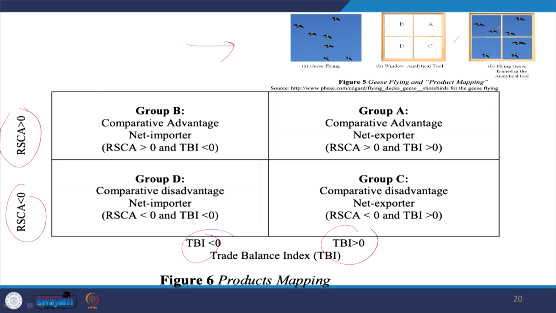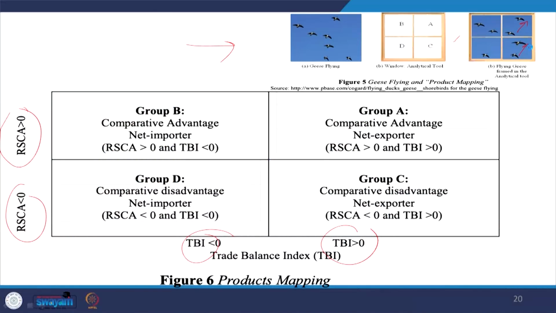Here it seems we are net exporters, and here also we are net exporters so far as the index, the trade balance index by Lafay, is concerned. Now, from the picture itself, it seems here we are net importers, because there is no such clear addition here. So, there is possibility of imports.